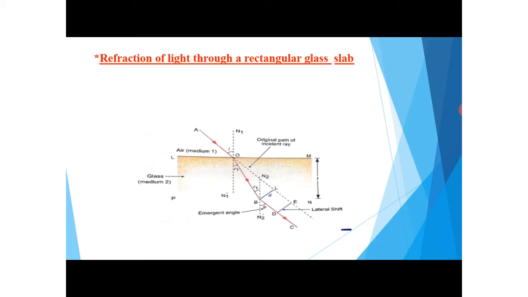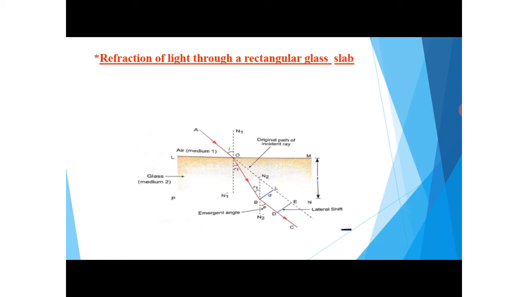Now the dotted line represents the original path of the incident ray, and you can observe that the refracted ray is bending towards the normal and going away from its original path. Now again, what happens when the light ray is passing through the glass slab? At the edge, again it reaches a point where it has to travel from glass to air.